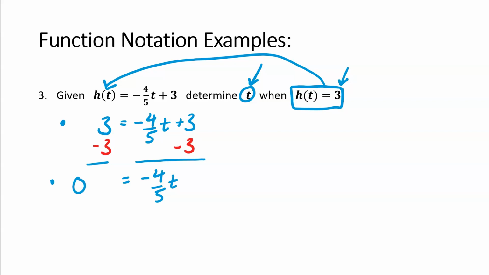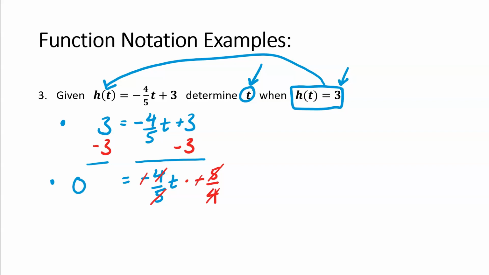Okay, we still want to get to t. So what we can do is multiply by a negative 5/4. Because here you'll have a negative sign multiplied by a negative sign is positive, so those negatives go away. 5 on top divided by 5 on the bottom is 1, that goes away. 4 on top divided by 4 on the bottom is 1, that goes away too.